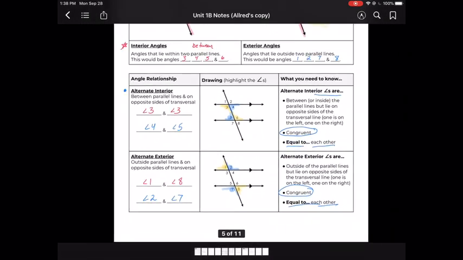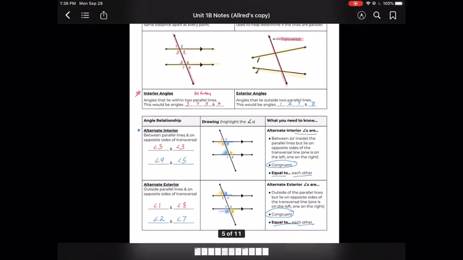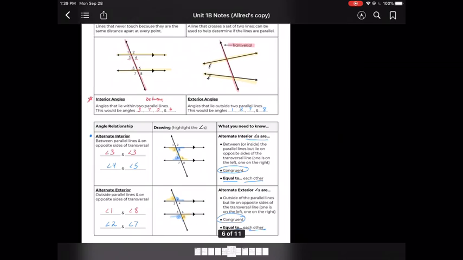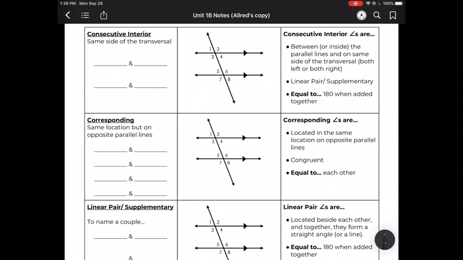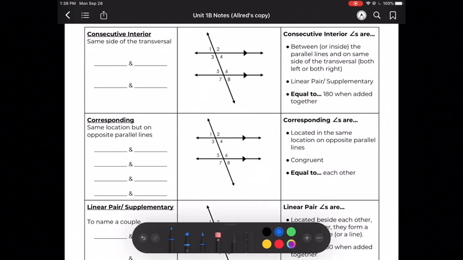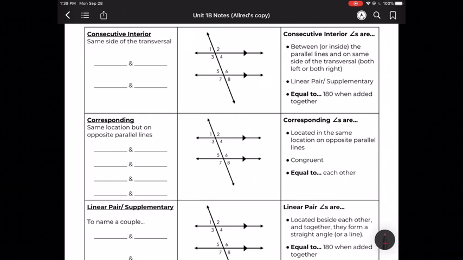So let's continue on to some other angle pairs created by parallel lines and a transversal. Okay? The next angle pair we're going to look at are consecutive interior angles. Consecutive means in order or in a row or on the same side as.